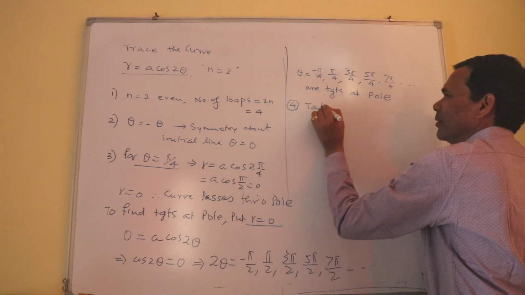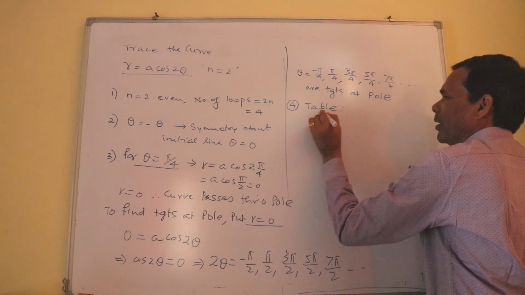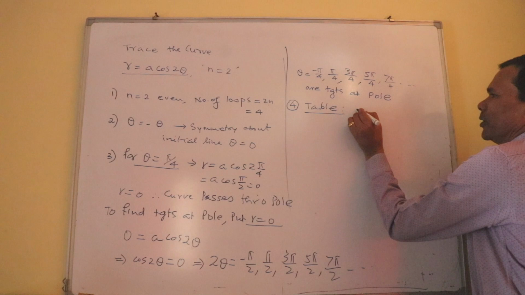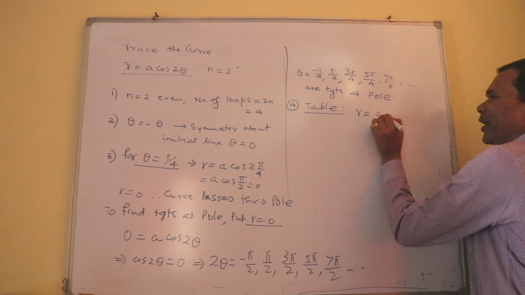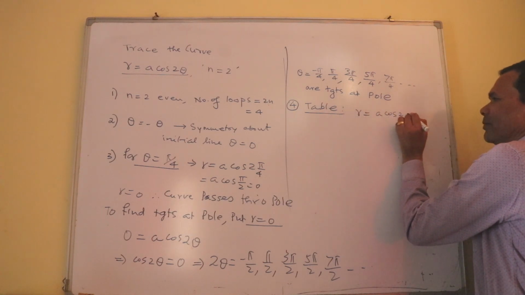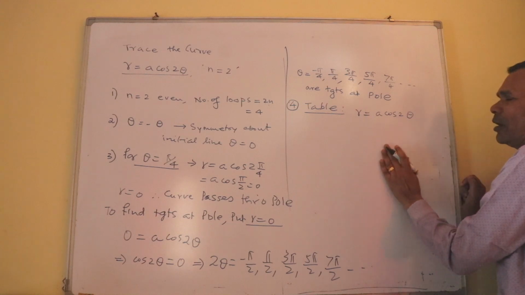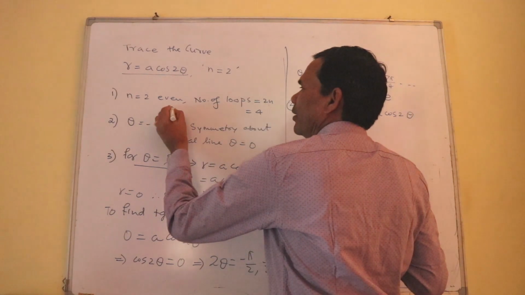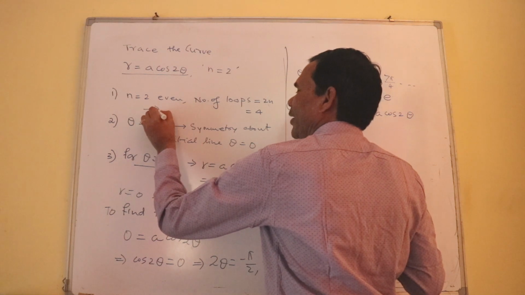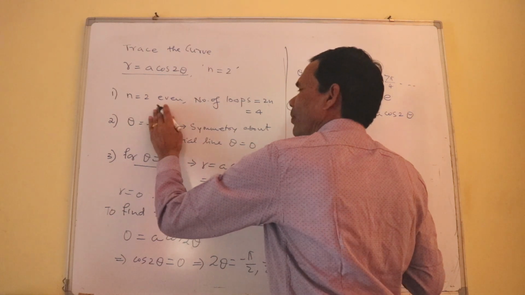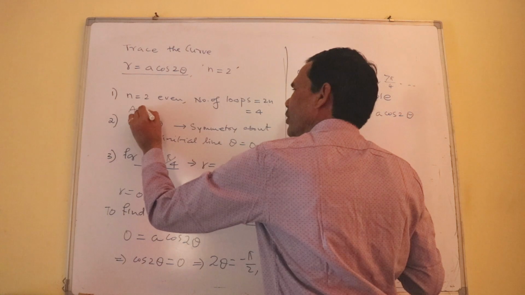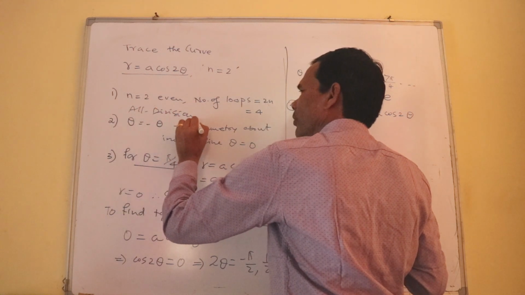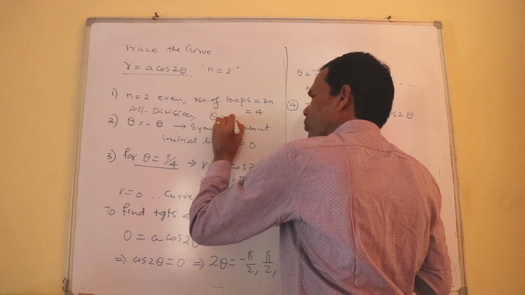Now what we do further, we prepare a table for the values of r and theta. That is the next step. So this is the equation of the curve, r is equal to a cos 2 times theta. We insert the loop in all divisions, because it is the first loop along theta is equal to 0.